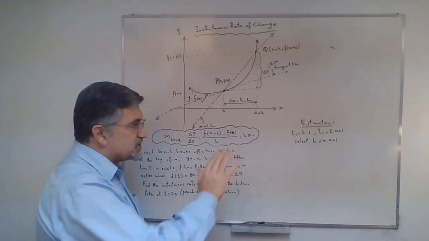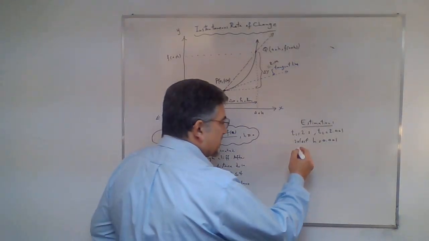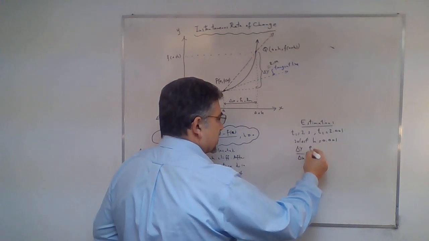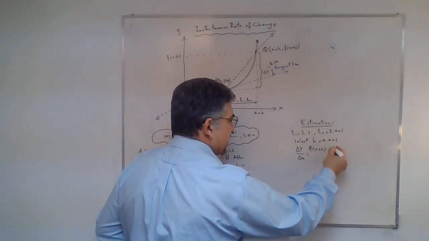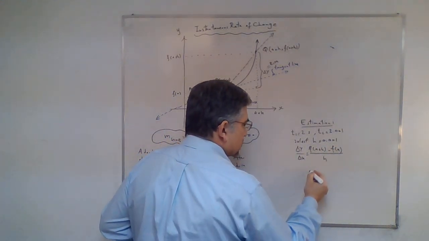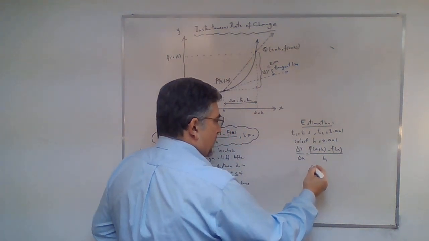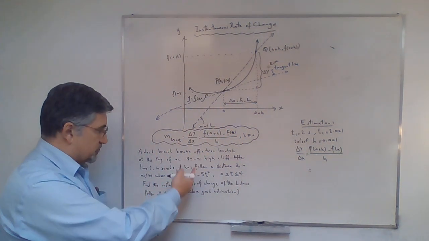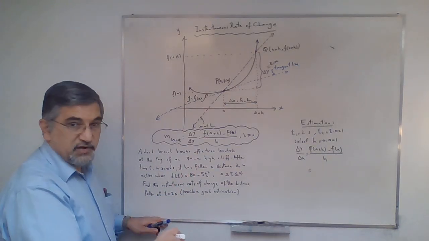So if this is the scenario, what would be delta y over delta x? That is f at a plus h minus f at a, divided by h. I use d of t for the displacement or distance that the branch falls.